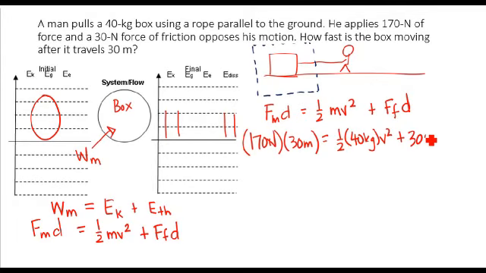Force of friction on the box is 30 newtons times the distance the box travels, 30 meters. So we know that the work done by the man, when we multiply this out, is 5,100 joules, and that is equal to some unknown kinetic energy plus 900 joules of energy put into my thermal account.